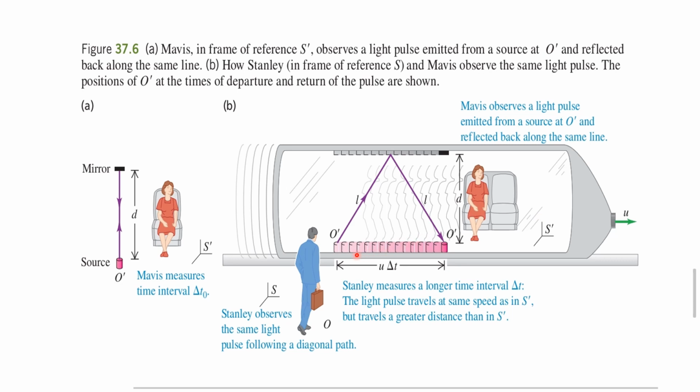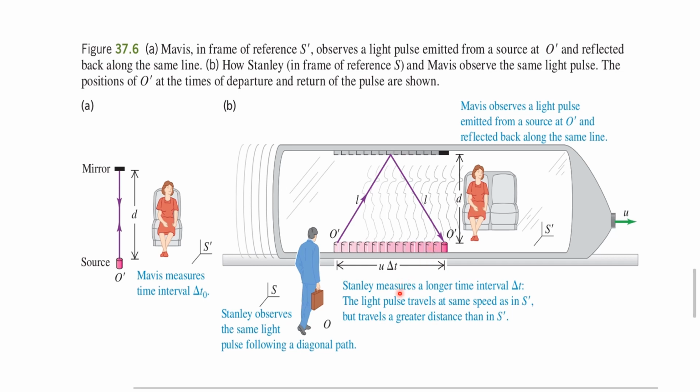So from Stanley's point of view, the distance traveled by the light from the source O prime to the mirror is denoted here by L. And when it comes back to the source, it's no longer exactly at point O prime, but is now at a distance defined by u delta t, where delta t is the time that it takes light to travel from the source to the mirror and back to the same source that has been moved through that distance.